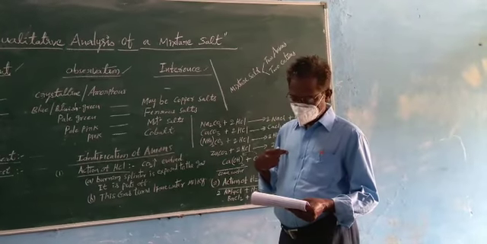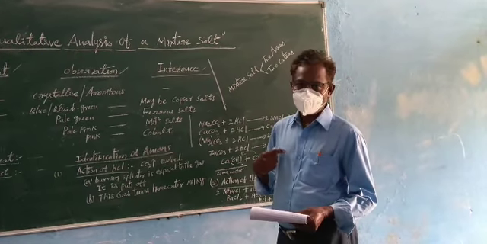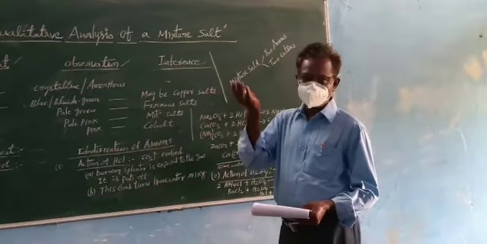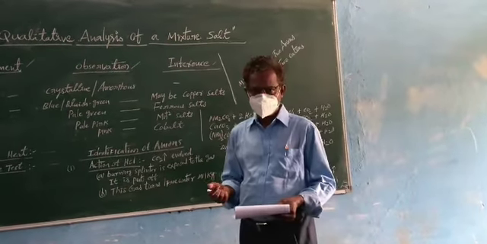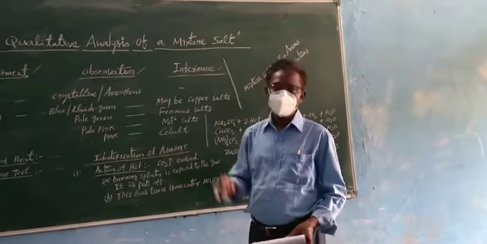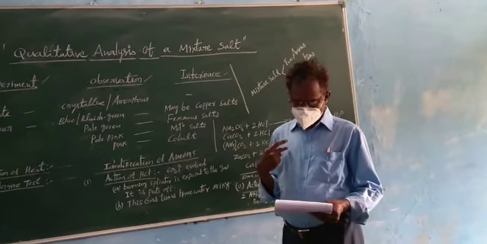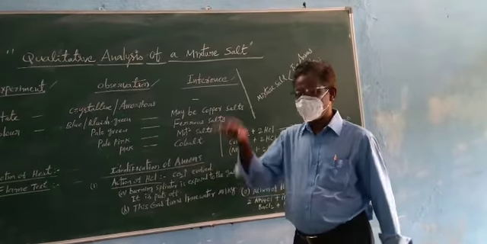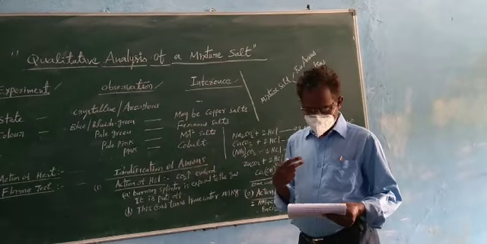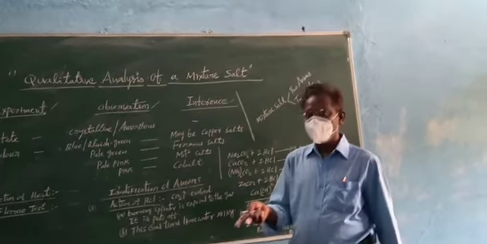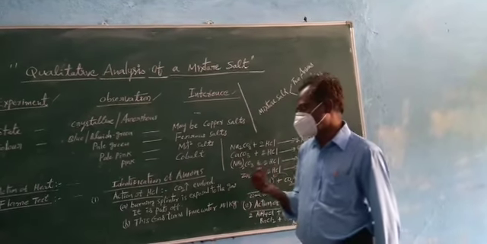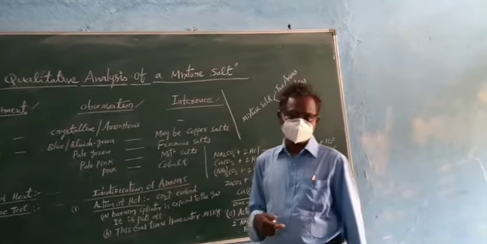Brick red flame: calcium. Apple green flame: barium. Crimson red flame: strontium. Lilac or violet: potassium. These are the flame test reactions.